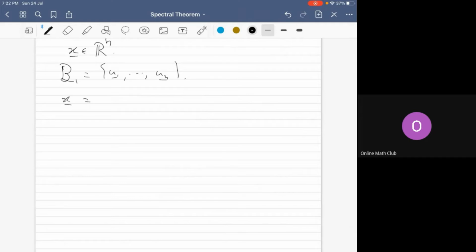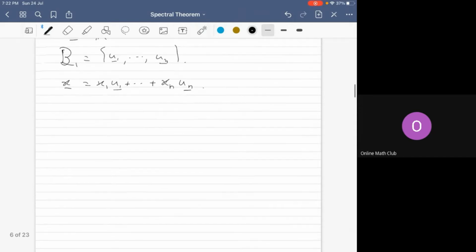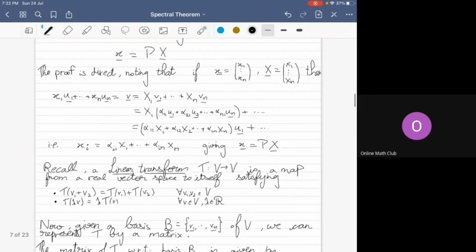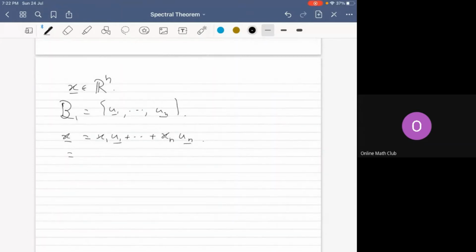So what I mean is this: x1 u1 plus plus xn un, and then notice that this is equal to x, and x is also equal to, let's say, in terms of v's as some other thing, capital X1 v1.